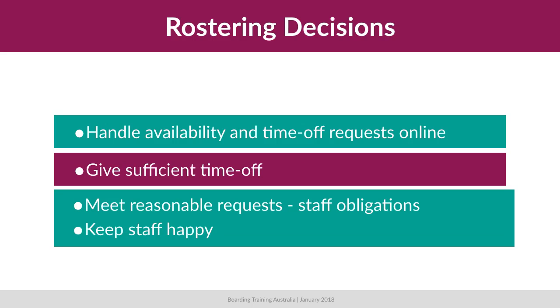Give sufficient time off. People need time to recuperate, to rebuild, and meet reasonable requests, staff obligations. You know, the whole idea here is to do what is most effective for the residents and the students, but at the same time to keep staff happy.